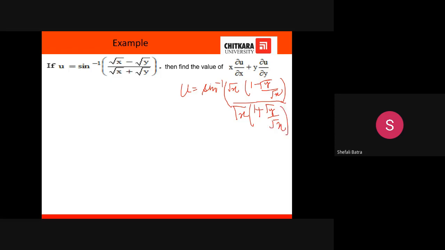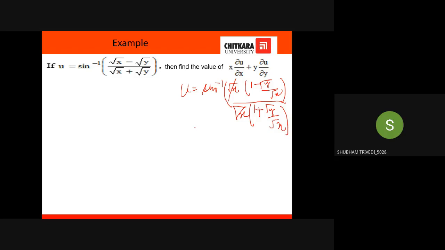Okay, this root x would be cancelled out. So now you tell me, can I say that u is a homogeneous function? Tell me, beta, is u a homogeneous function?